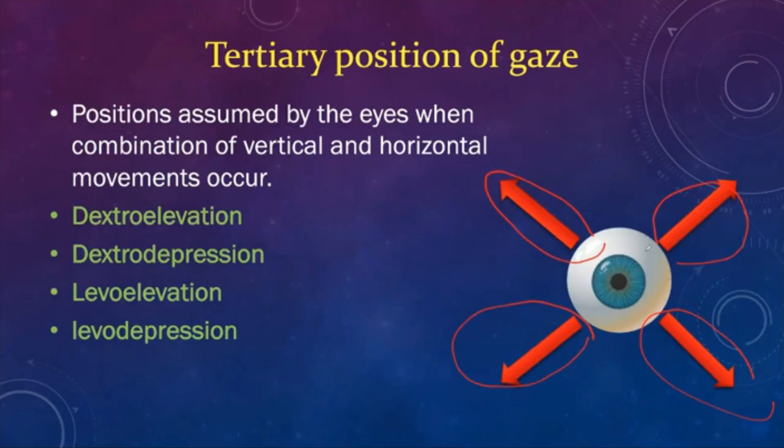Again, the tertiary movements are just a combination of horizontal and vertical elements, either up to the right, up to the left, down to the right, and down to the left.